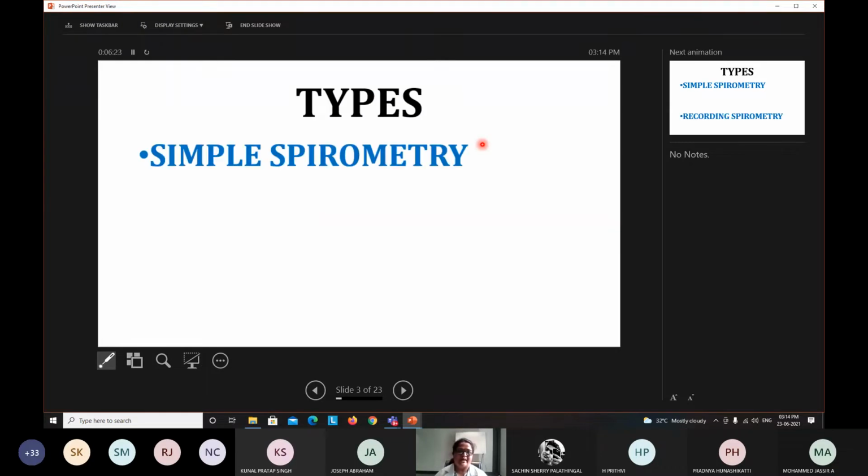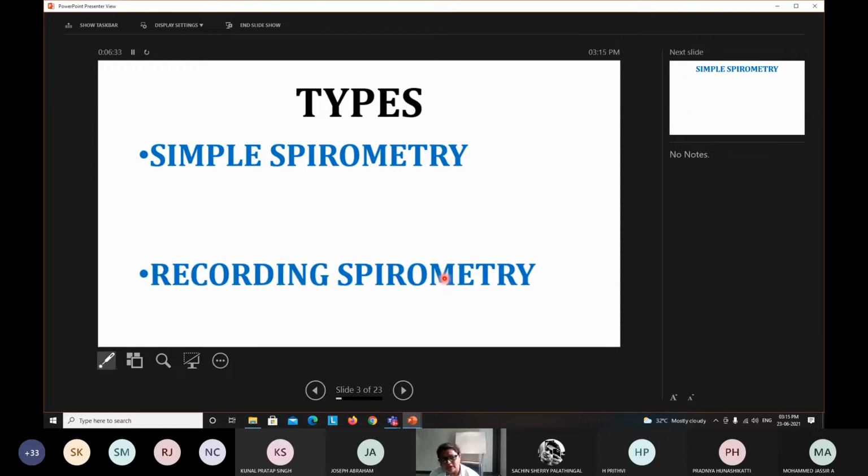One is called simple spirometry. The second one is called recording spirometry. Today we are going to discuss both, though virtually we take both practicals independently.